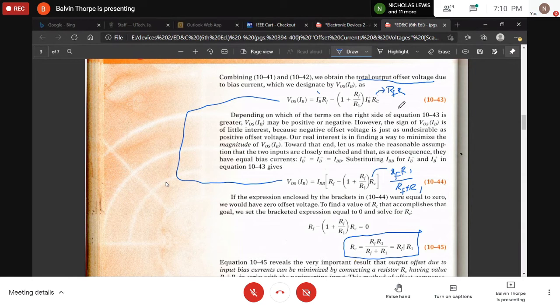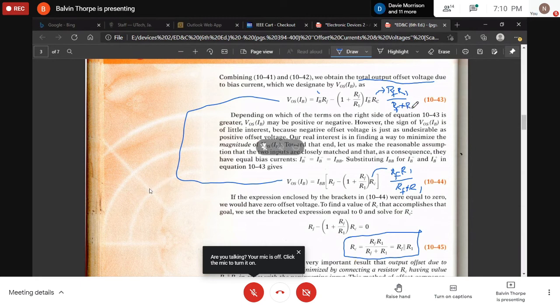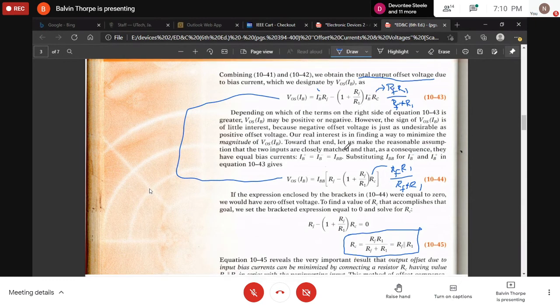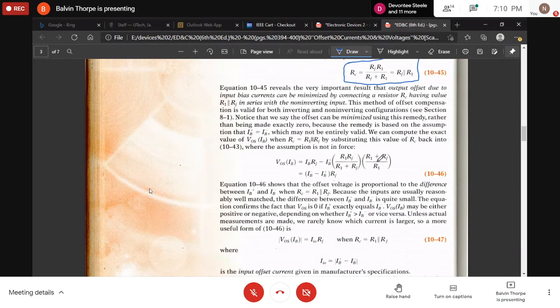That's what RC is. When we put that in the expression, we're going to get this equation. And when we get this equation, ladies and gentlemen, you see that this cancels this, and this cancels this. So what are we left with?